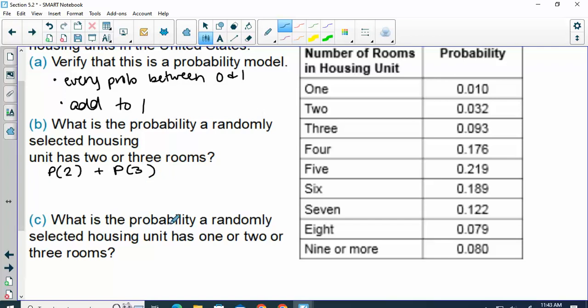So what's the probability of 2 rooms? Plus the probability of 3 rooms. And if we add those together, so there's a 12.5% chance the unit would have either 2 or 3 total rooms.